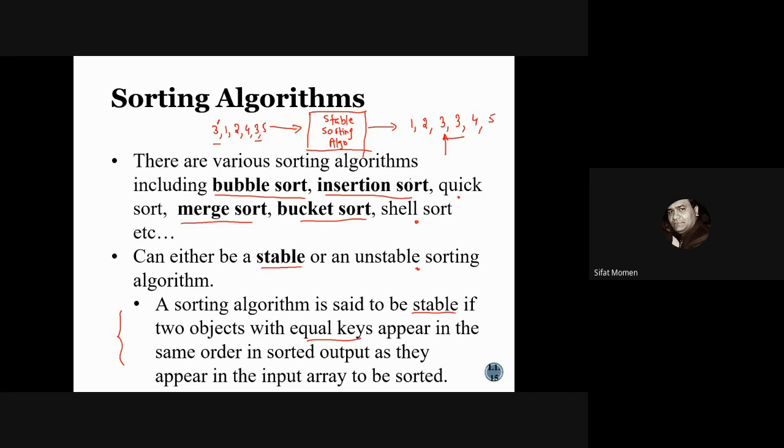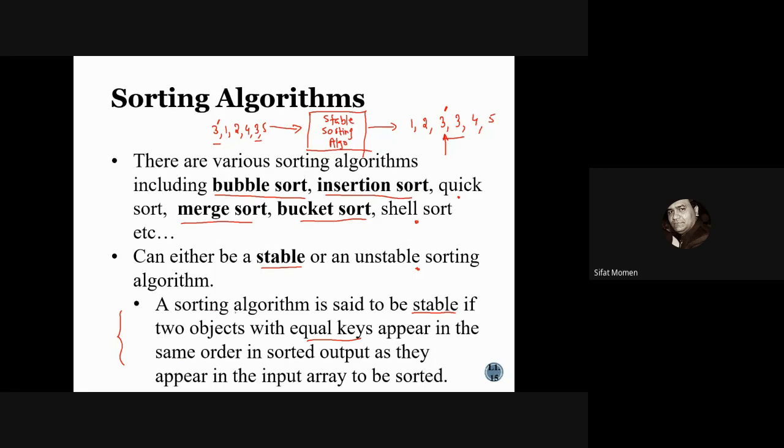If your algorithm guarantees that the one with the equal key that appears first in the input sequence also appears first in the output sequence, meaning the relative order in the input sequence is maintained in the output sequence as well, then that's a stable sorting algorithm. Is it clear? Yes, sir. Now, if you read it again, it will make sense. I said what?